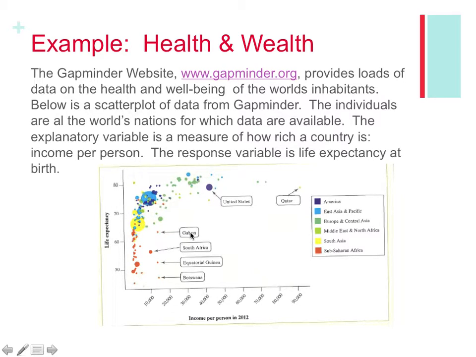You definitely have a few outliers here: Gabon, South Africa, Equatorial Guinea, and Botswana. Gabon and Equatorial Guinea produce oil, whereas South Africa and Botswana produce diamonds.